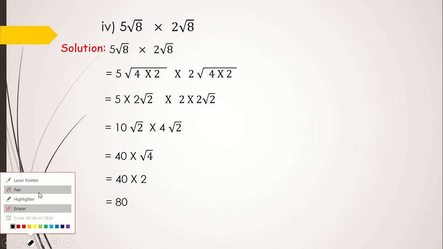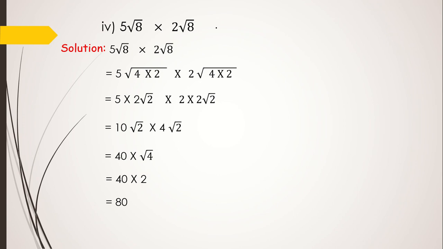But this answer we could do in 2 steps. And that is just like these. 5 2s are 10. Root 8 into root 8 is going to be root 64. This is another way of doing it, but just in 2 steps you will get the answer. So that's going to be 10 into root 64 is 8.